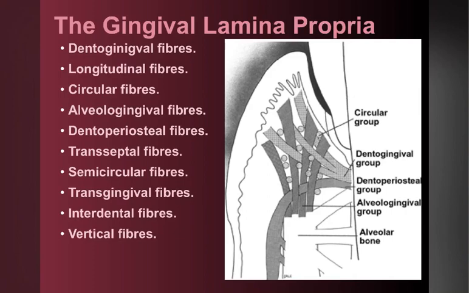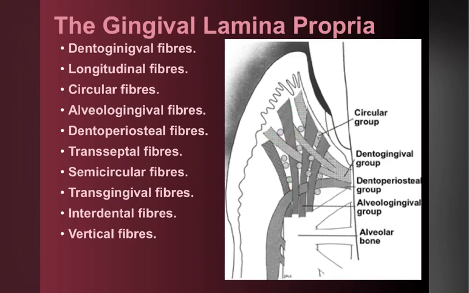Dentogingival group, as you see in the figure, is inserted in the cementum and goes in the direction of the lamina propria of the gingiva. There's another group inserted in the crest of the alveolar bone and running toward the lamina propria of the gingiva.